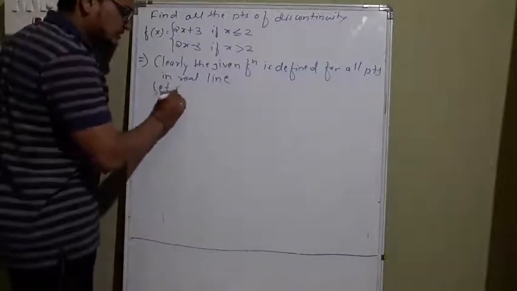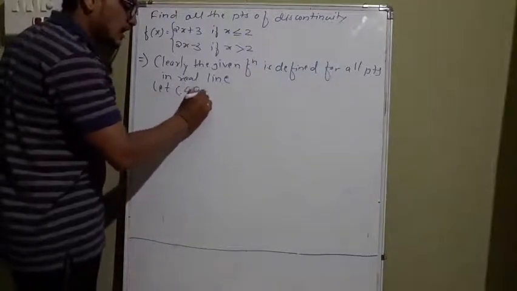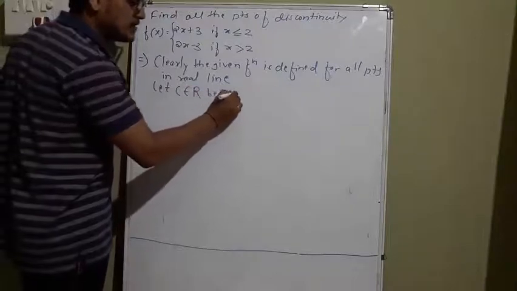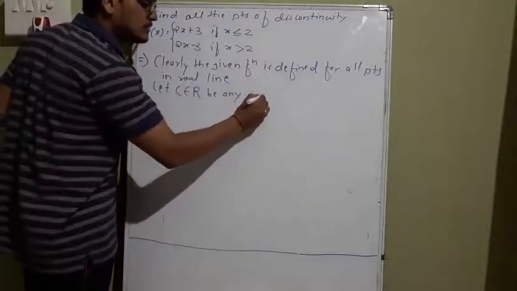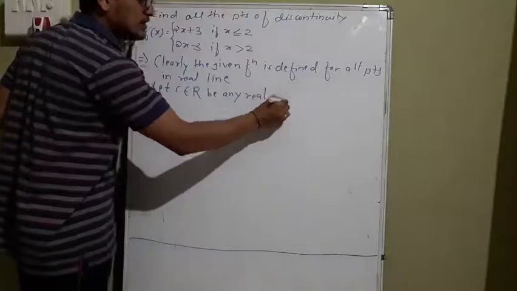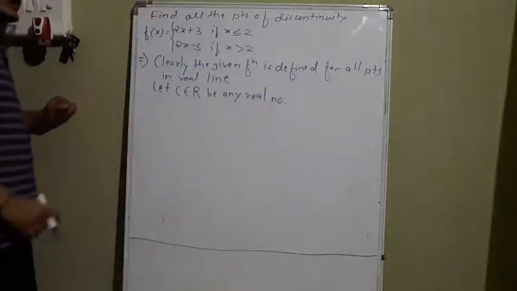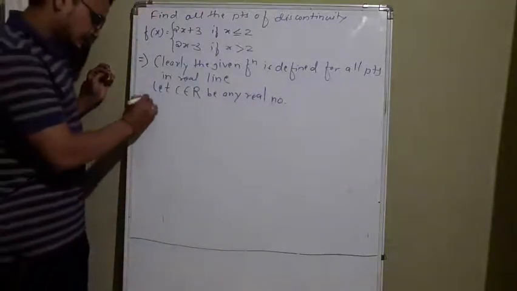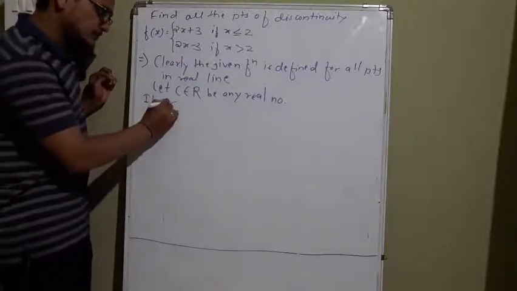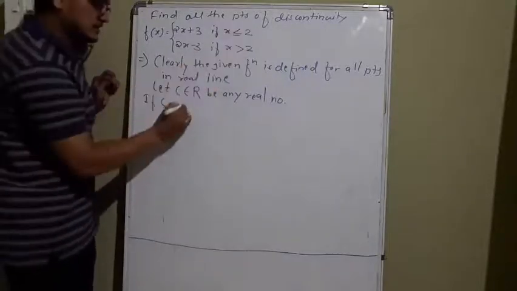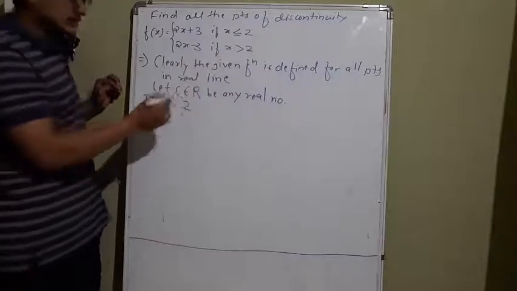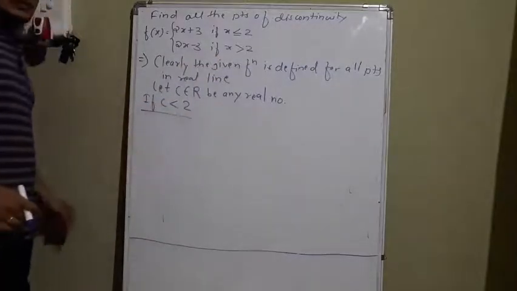Now let c belong to R be any real number. Now first case, c is less than 2, that limit point you have to choose.